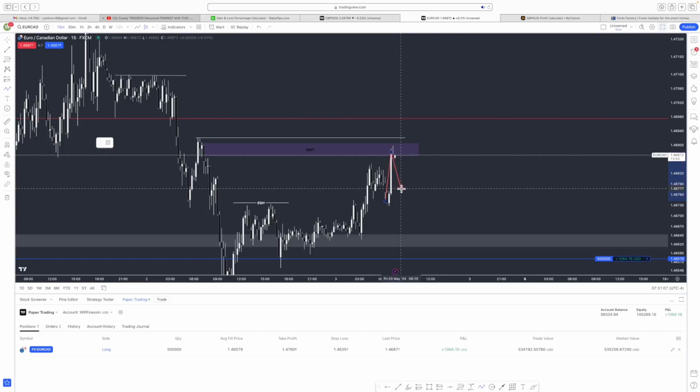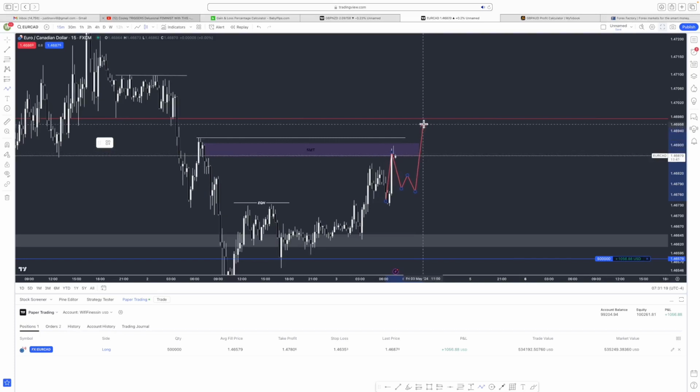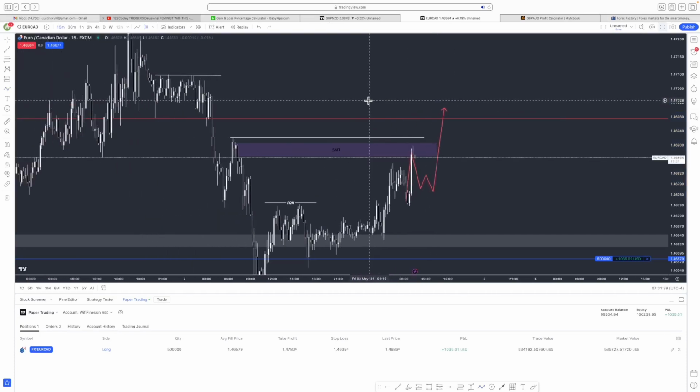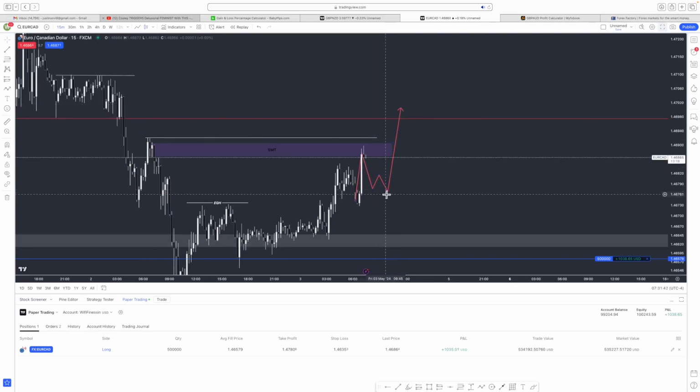Let's say it stops right here, and then probably gives another slight move down, giving us a double bottom formation, and then comes to this next structure level right here, and then we end up sweeping the liquidity that we have resting up here. That's what I see happening, and most likely that's what will happen. But if it doesn't, I do not create the markets, I just react to them.